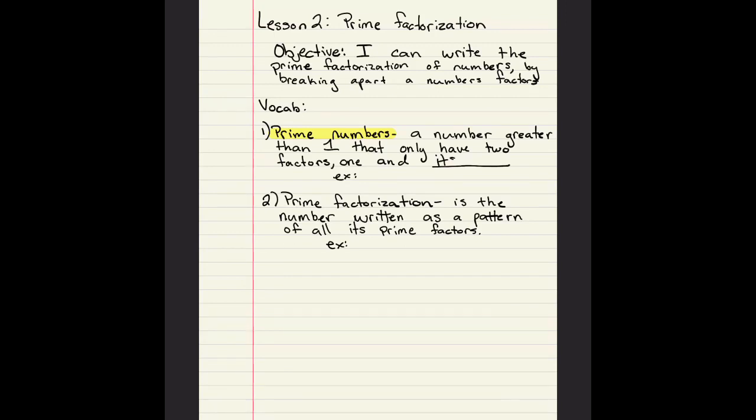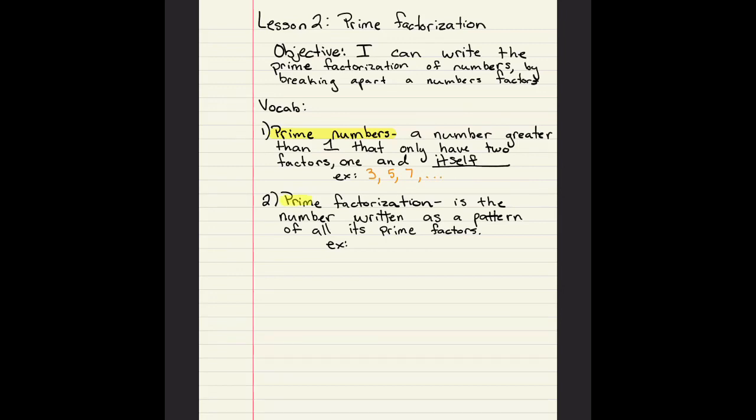So the only numbers that can go into the number are 1 and itself. Some examples are 3, 5, 7, and it goes on and on and on.